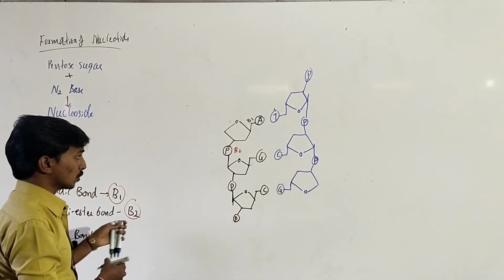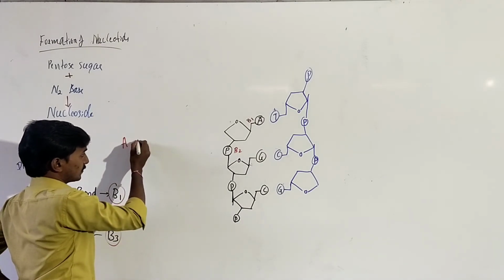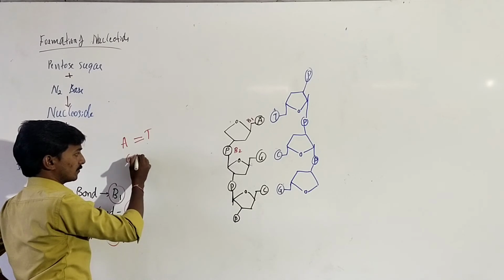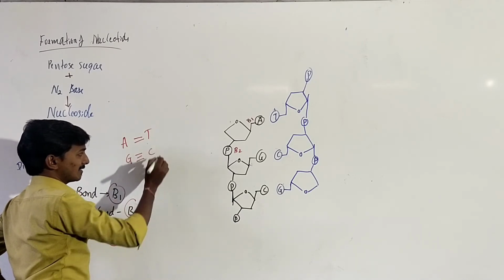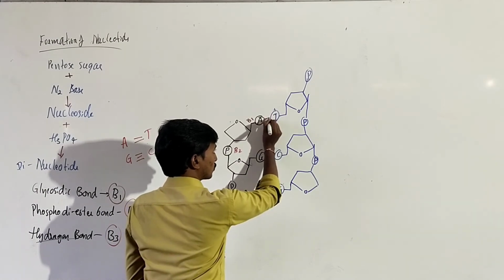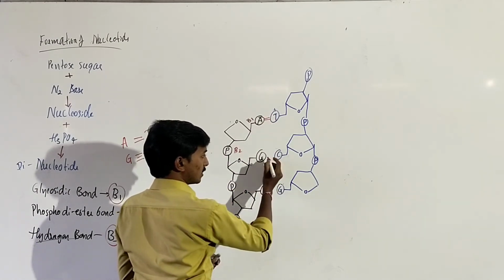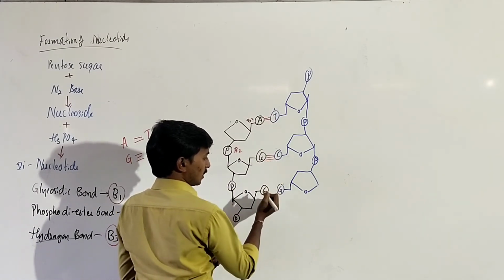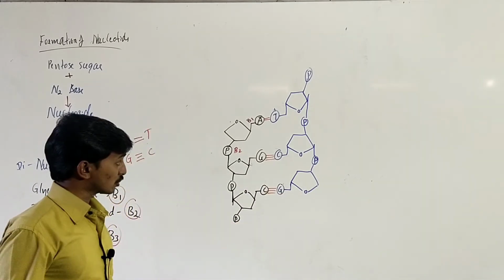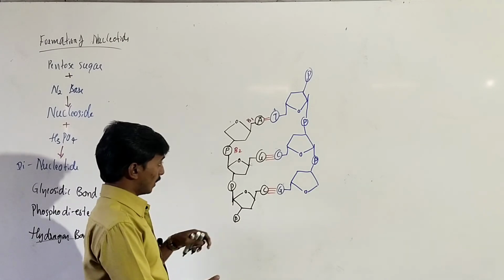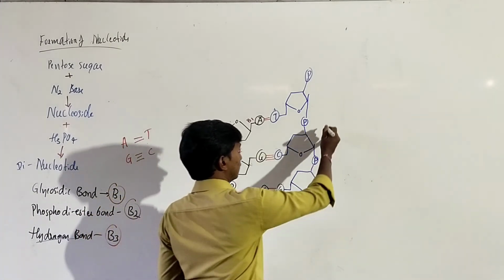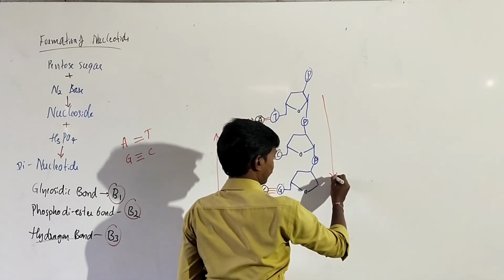Okay, you should also know that adenine always forms 2 hydrogen bonds with thymine, guanine always forms 3 hydrogen bonds with cytosine. So we have adenine, thymine, 2 hydrogen bonds, guanine, cytosine, 3 hydrogen bonds, cytosine, guanine, 3 hydrogen bonds. This is the structure of DNA. One strand running in this direction, other strand running in this direction.